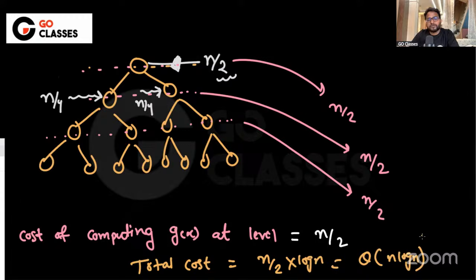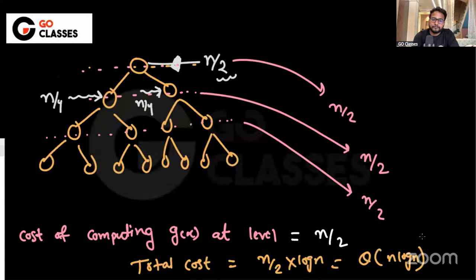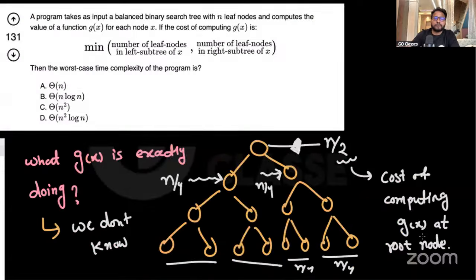Have you understood this question? This is an easy one only, right? So what is the answer? B is the answer. The thing is that we do not know what GX is.